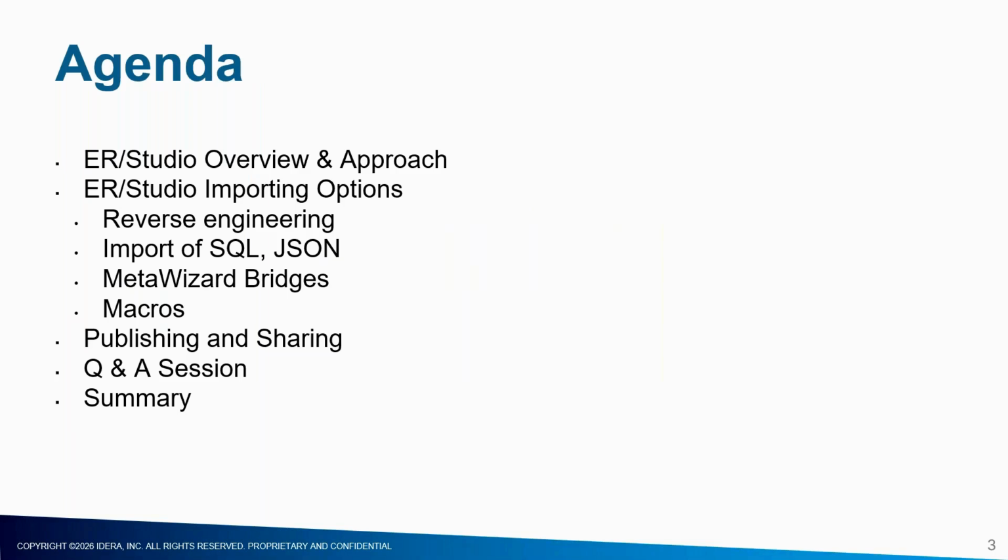And again, I'll explain those as we go through. And the final area that we'll touch on is macros. And finally, assuming we've got a bit of time, I think it's always good and important to also look at how some of this information that you collect in the form of metadata can be published and shared across your organization as well. So we'll spend just a couple of moments talking about some options for doing that.